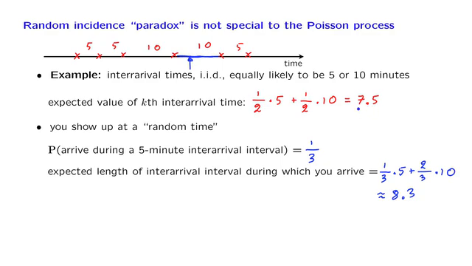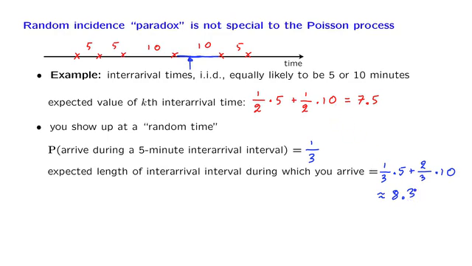The conclusion from this example is similar to the one that we had for the Poisson process. Although the average inter-arrival time is 7.5, when you show up at a random time, you're more likely to fall in a larger interval, and for that reason, on the average, you will be seeing longer inter-arrival intervals.